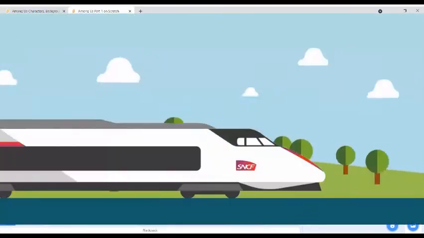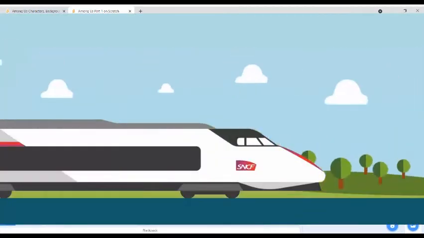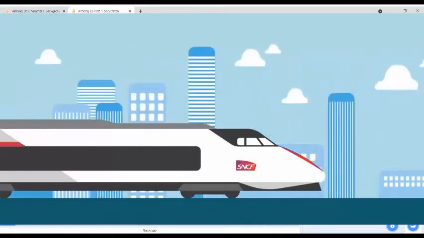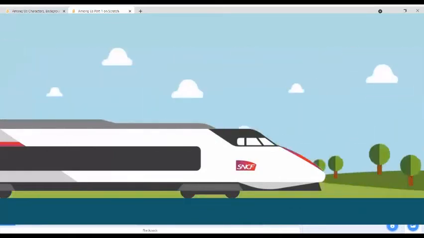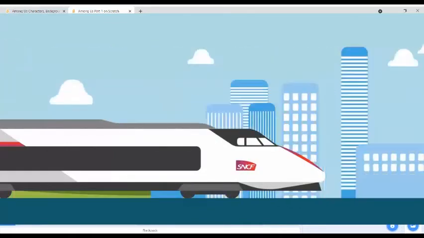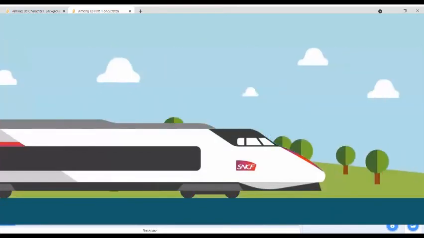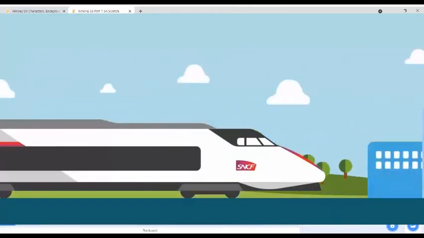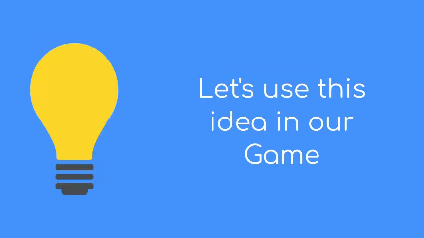For example, you're traveling by train, and when you look outside the window, everything starts going backwards, right? But in reality, we are moving and everything is at rest. We will use the same idea in a game. We will make it such that it looks like the main character is moving, but it's not.